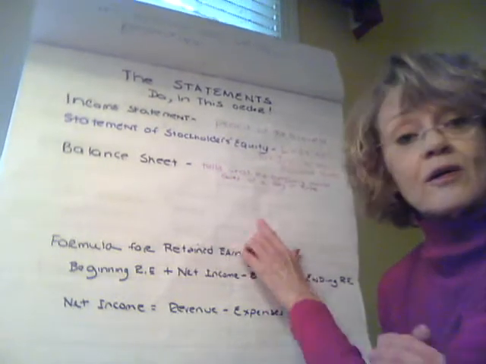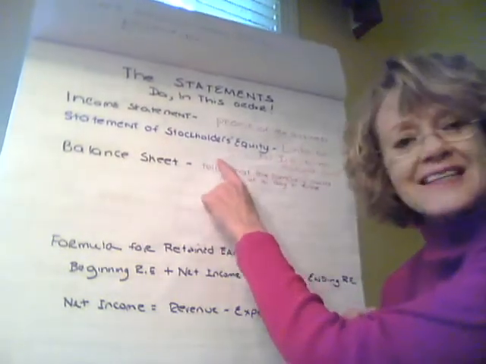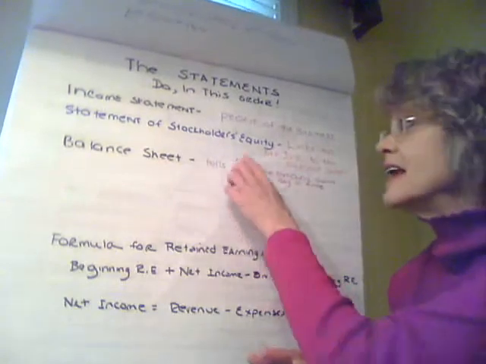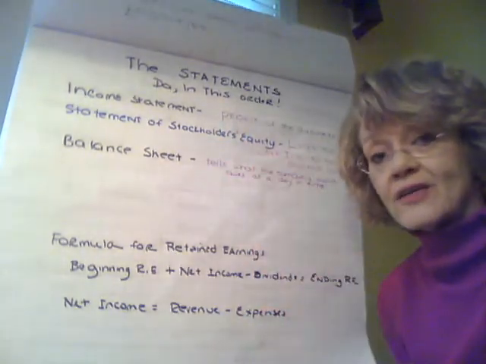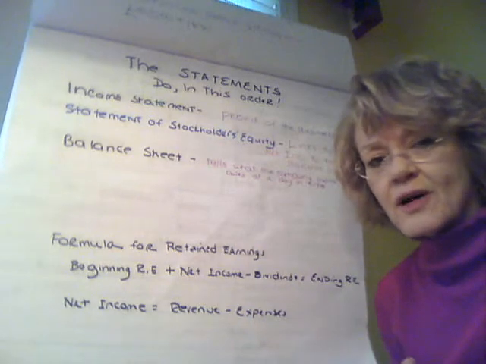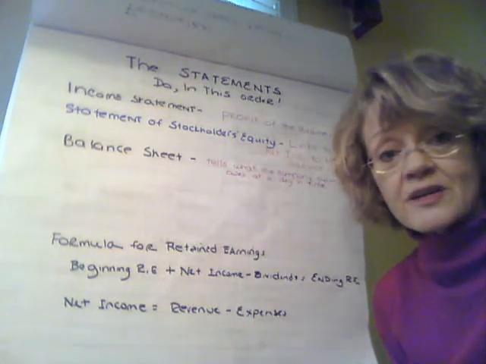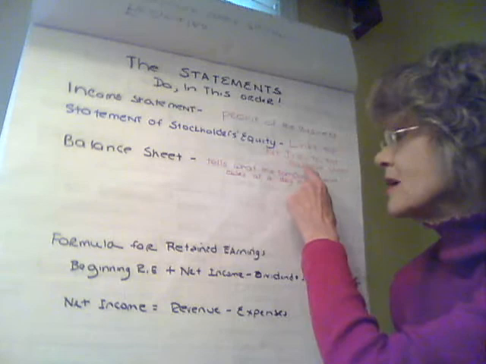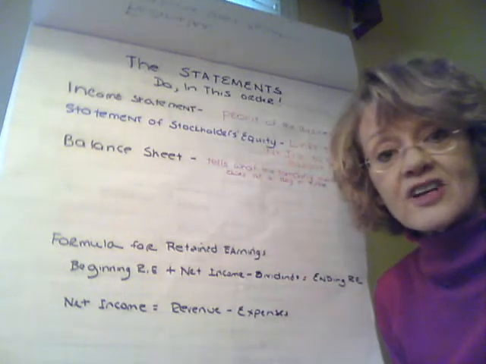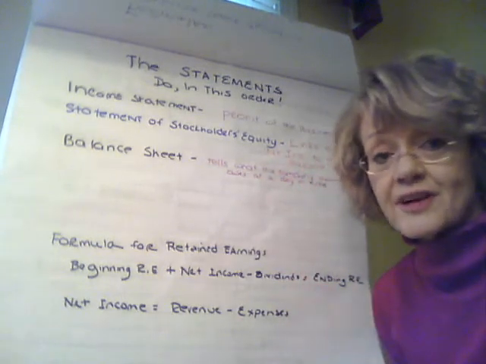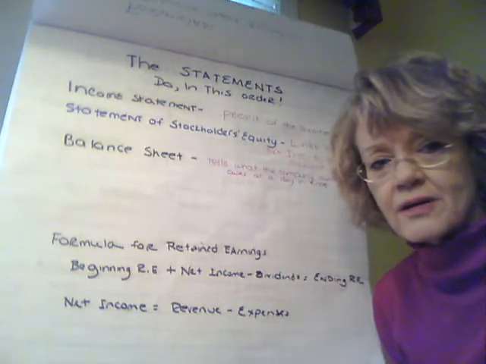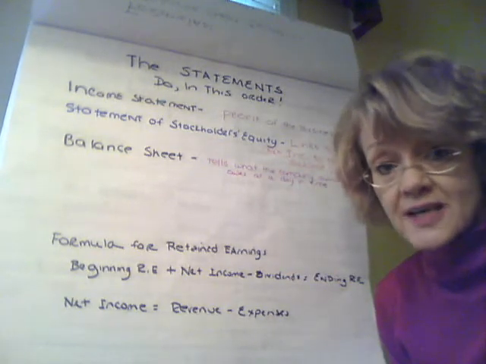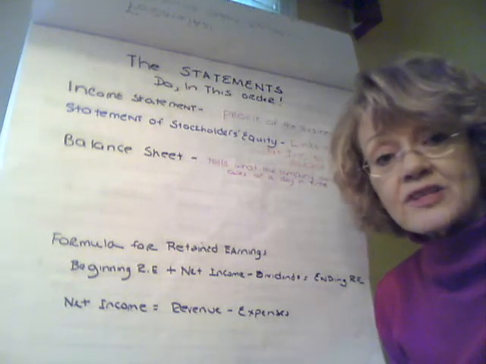The statement of stockholders' equity is a linking statement that will take the net income from the income statement and help you put it into retained earnings. And remember, a few minutes ago, I talked about the formula for retained earnings. So in that statement, we're going to show everything that changed in those two accounts in stockholders' equity. What were those two accounts? Common stock and retained earnings.